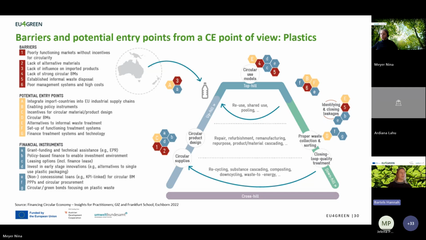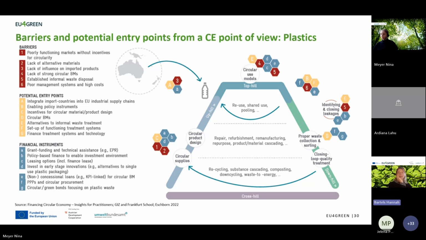Private-public partnerships, as Nina has mentioned, as well as circular procurement, where governments and municipalities come into play. And so do circular and green bonds that specifically focus on plastic waste.